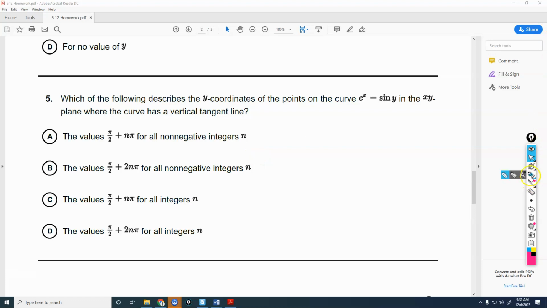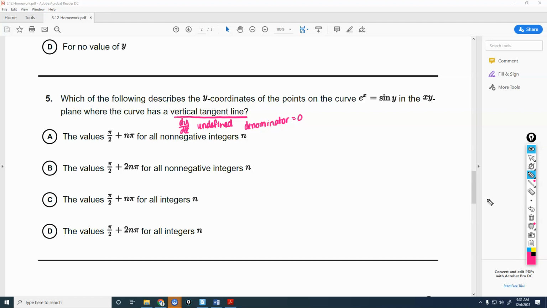Okay, all right. Which of the following describes the y coordinates of the points on the curve in the xy plane where the curve has a vertical tangent line? What are we looking at when we have a vertical tangent line? The derivative is undefined, which means the denominator equals 0. Like the other problems, we take the derivative and set the denominator equal to 0.